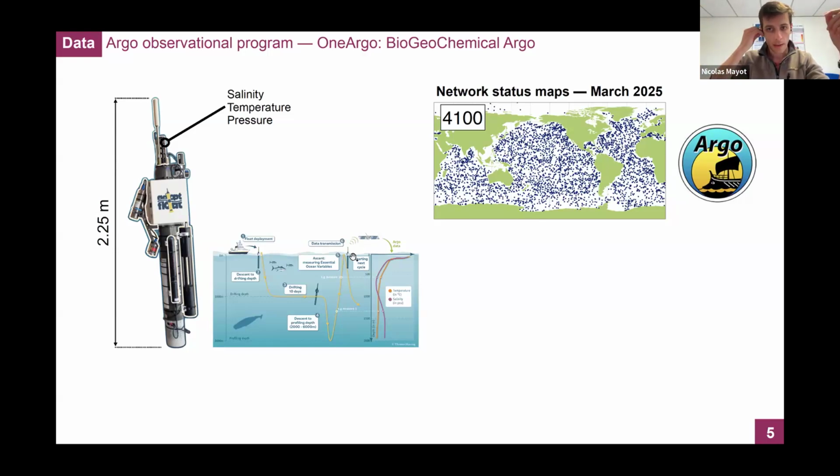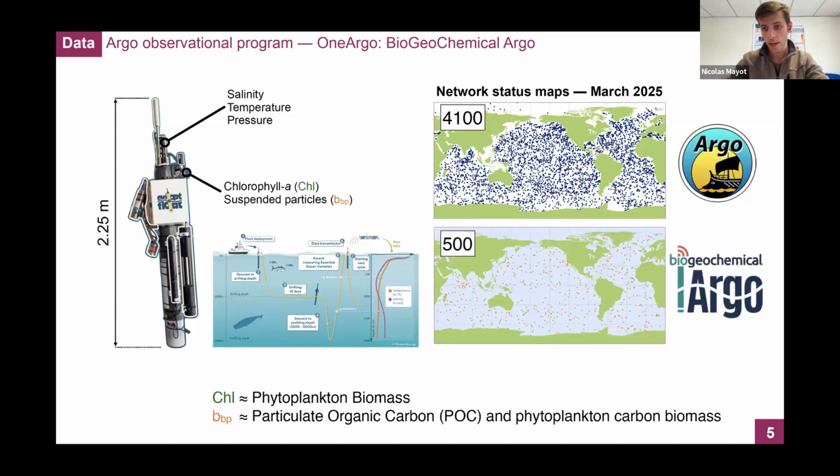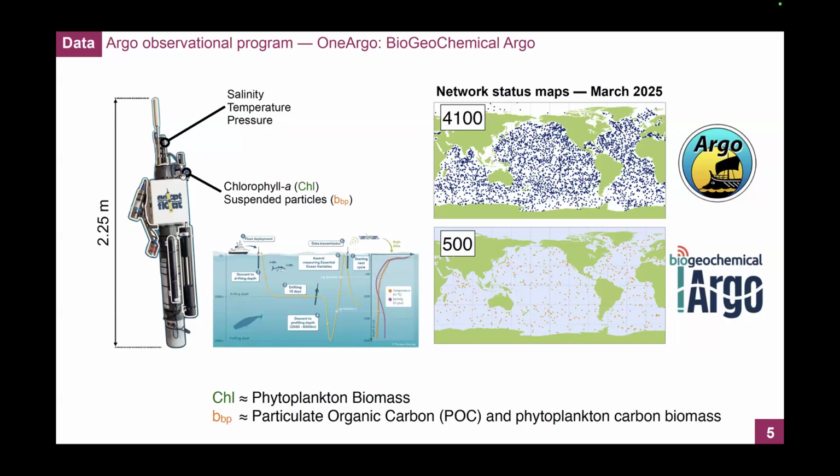And within this Argo program, the BGC Argo program, some of these floats are equipped with additional sensors to measure BGC variables. There are mostly 6 variables being measured, which are oxygen, nitrate, chlorophyll, BBP, pH, and irradiance.